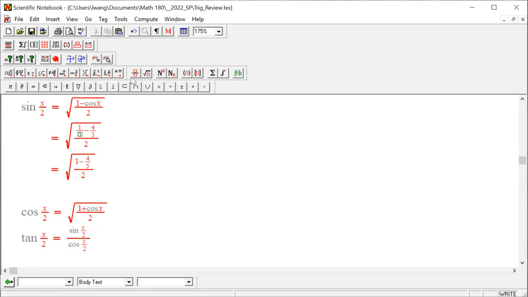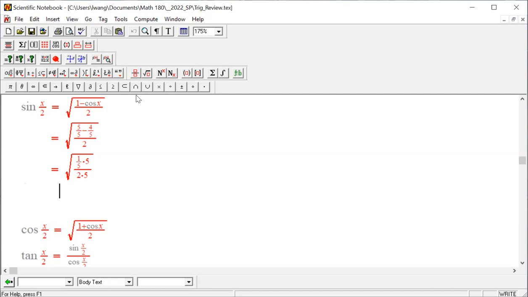We need a common denominator, which is going to be 5/5. So 5/5 minus 4/5 is 1/5. Simplify this complex fraction inside the bracket.